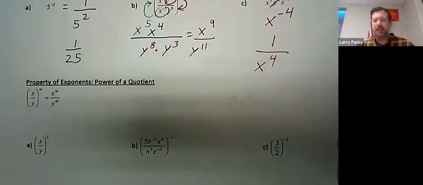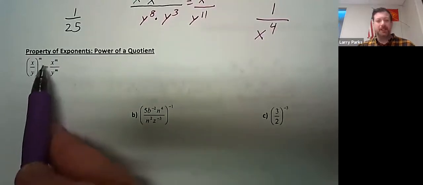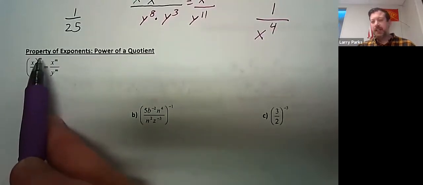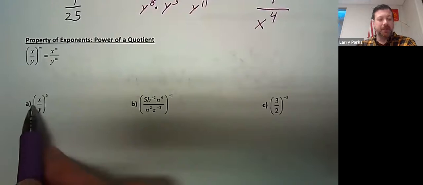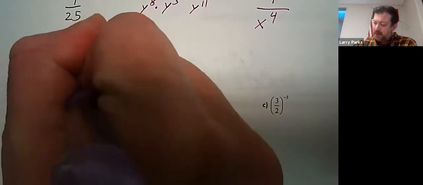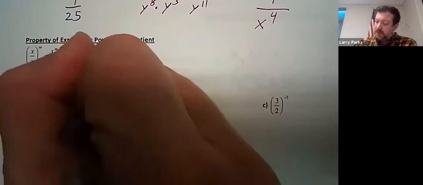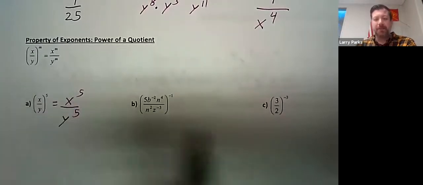Next, and again, all of this should be reviewed from Algebra 1. If you have a quantity raised to an exponent, you raise each of those to that exponent. So like here, I would say x to the fifth divided by y to the fifth. And all I'm doing is following this rule right here.